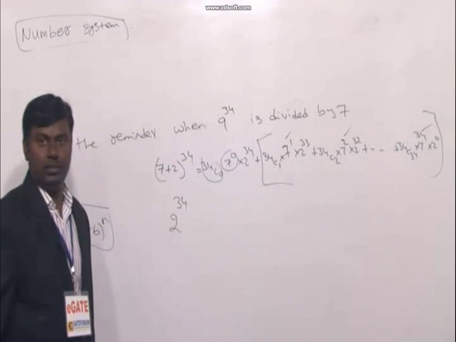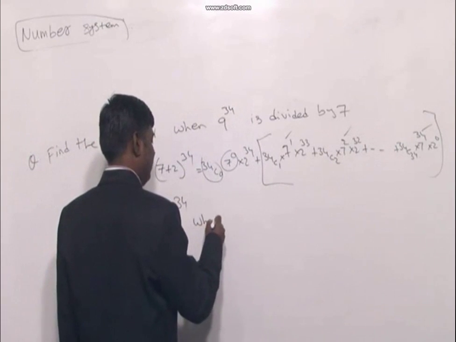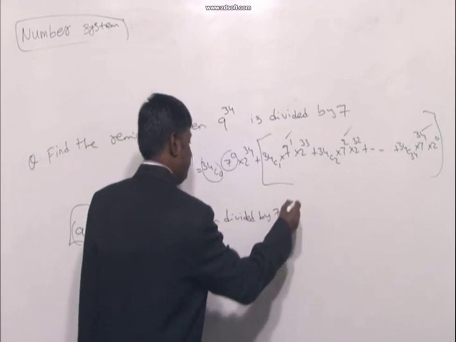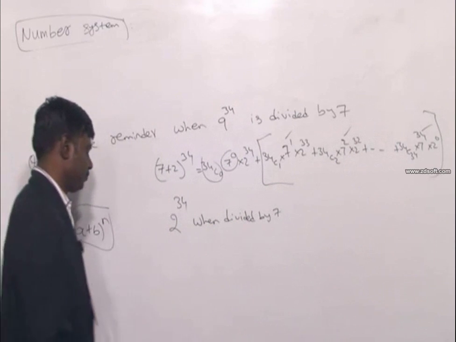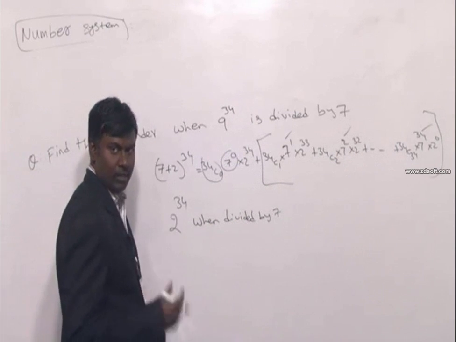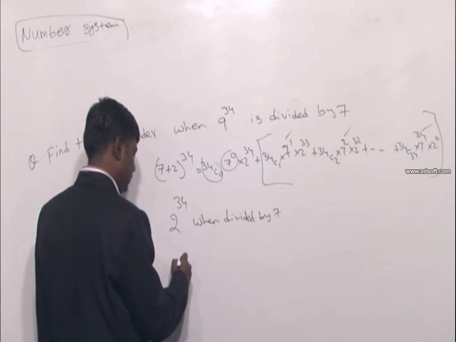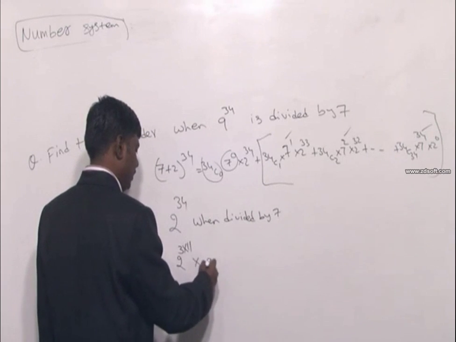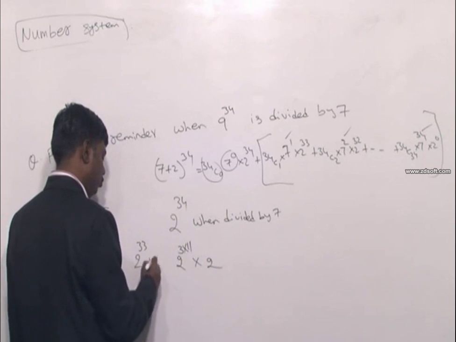Simply take 2 power 34 when divided by 7. You can as well use the remainder theorem here. 2 power 34, I can take as 2 cube to the power 11 into 2, basically 2 power 33 into 2.